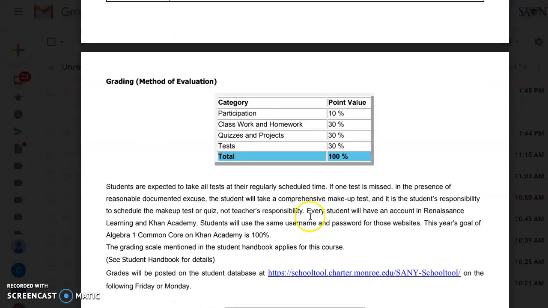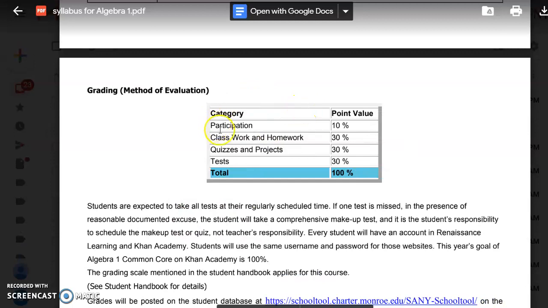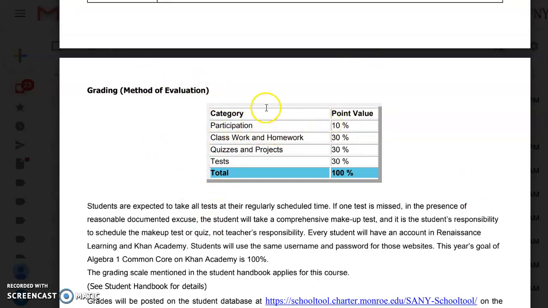All right, let's go to the specific thing that I'm talking about today, the grading piece. This is, guys, very important. A lot of people don't pay attention to this. While we're calculating your average, there are categories. Participation for Mr. Zhang's Algebra 1 class, which is pretty much the same across the board, is 10%. Classwork and homework is 30%, quizzes 30%, and tests 30%.